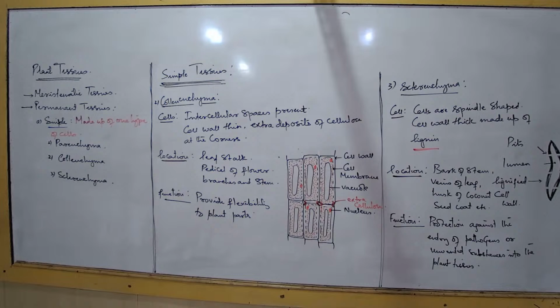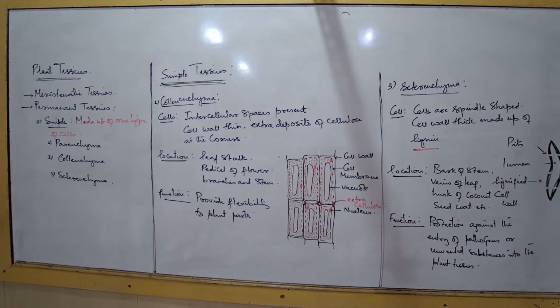Number 3, function. Chlorenchyma is present in the photosynthetic and green cells of the leaves and young green stem. There are names for those cells, but I'm not using those names; you just write in general now.